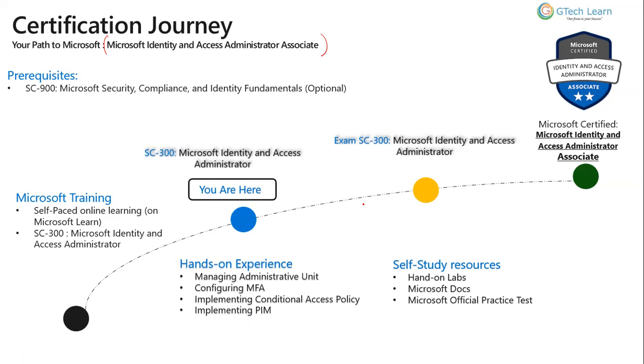If you have Azure experience and want to go with the security domain of cloud services, and you want to get certified with Microsoft certification related to the Identity and Access Administrator Associate, then you can utilize this session to make your preparation better towards your certification examination.